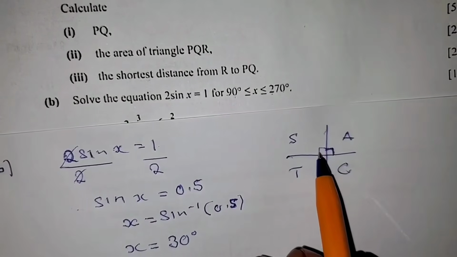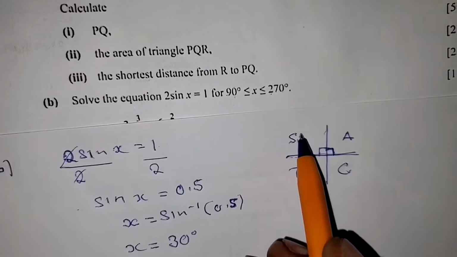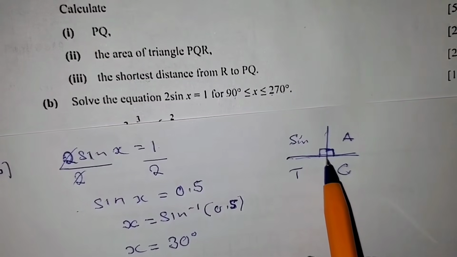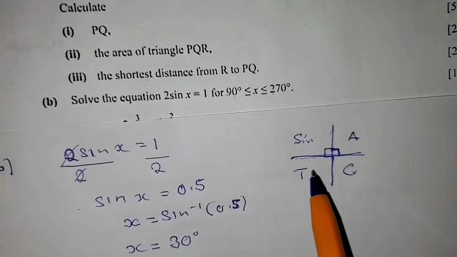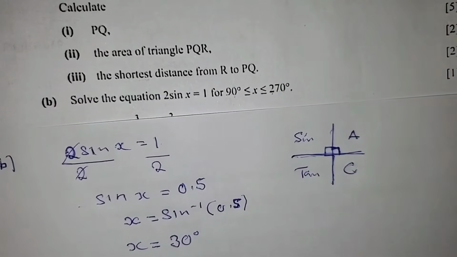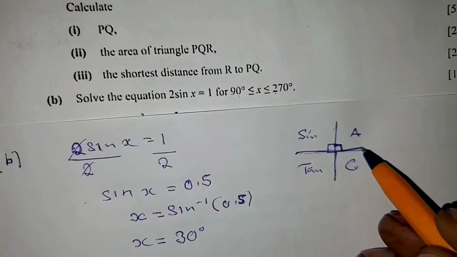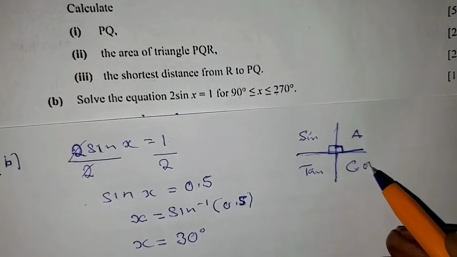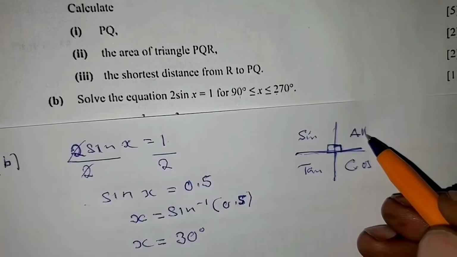In the second quadrant, which is 180 here, only sine is positive. In the third quadrant, up to 270, only tan is positive. In the fourth quadrant, which is 360, only cos is positive.